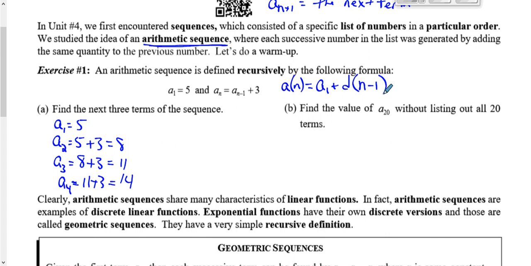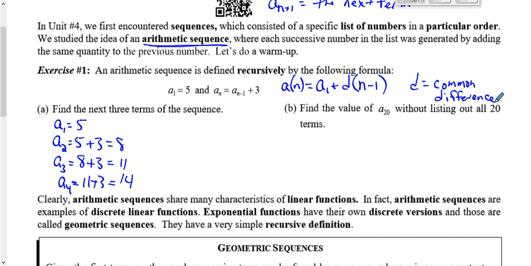Remember we had to use the number before? Do you remember what d is? It was the common difference, the thing you're adding or subtracting each time. Of course, A1 is just the first term.